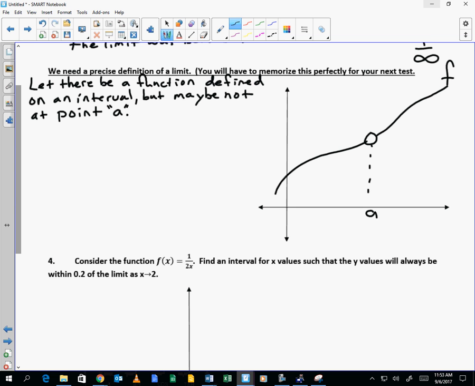Here's a function. I've drawn it over some interval, some set of x values, but as you can see, it doesn't have a value at point A. Now it could, but it doesn't have to.